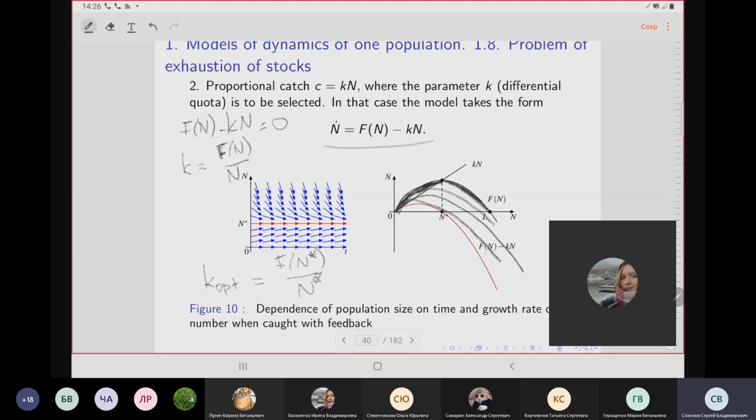The red line shows us the right-hand side of our equation at optimal k, and the left-hand side is the solutions. And we see that the population in this model stabilizes near the point n*.